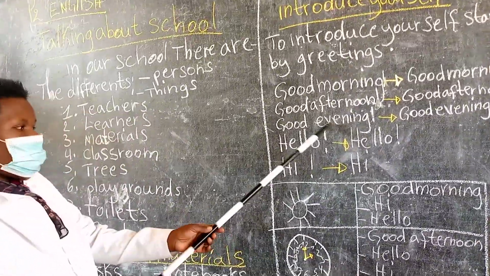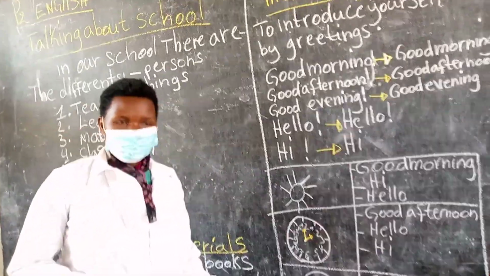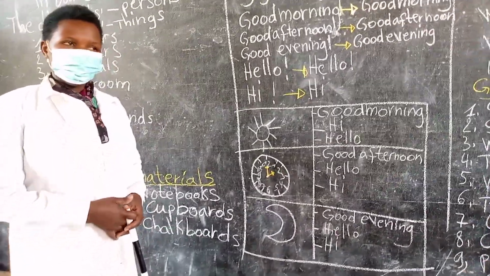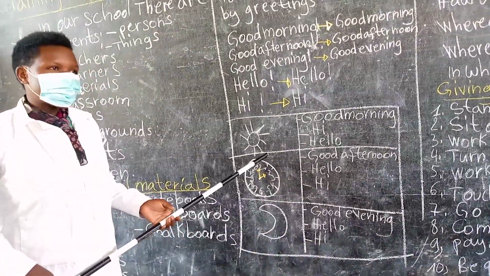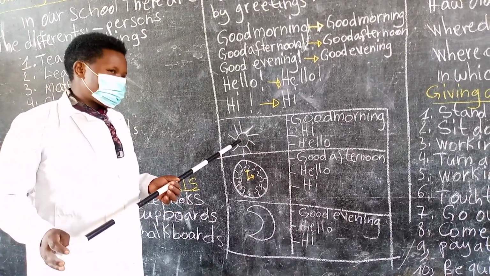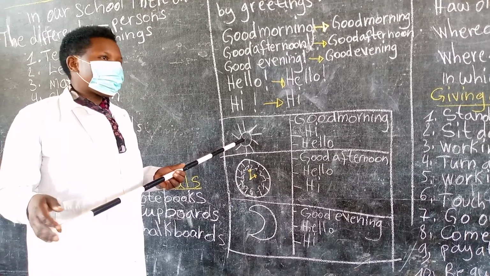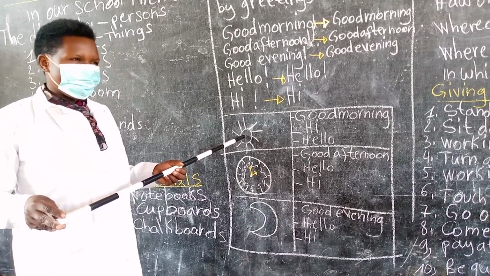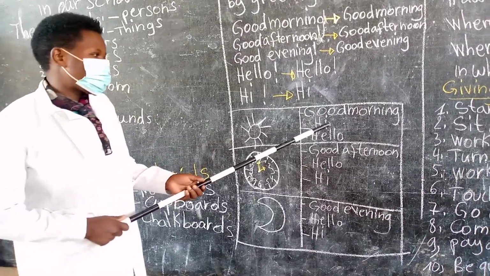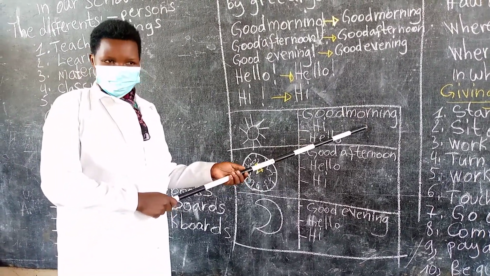For all these greetings, there are signs that you use to explain to your children or to your learners to see. When the learners see these signs, remember that the sun rises when we are in the morning. When we are in the morning, you have to say good morning.